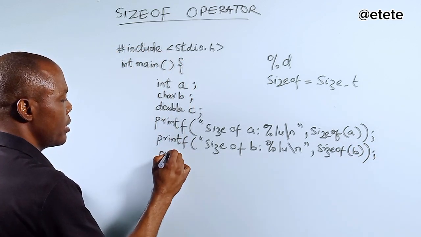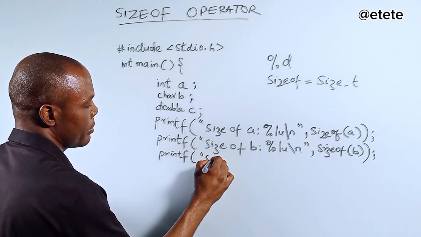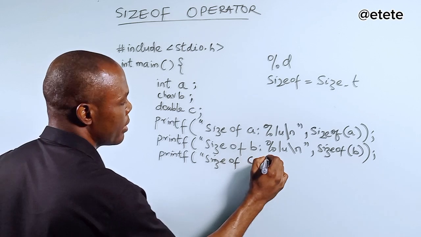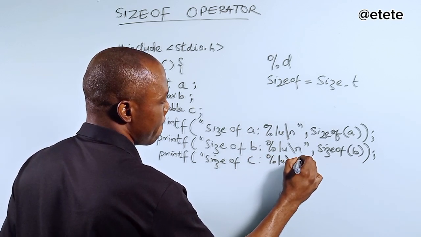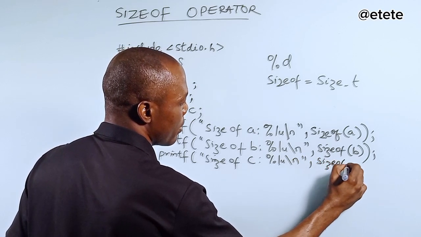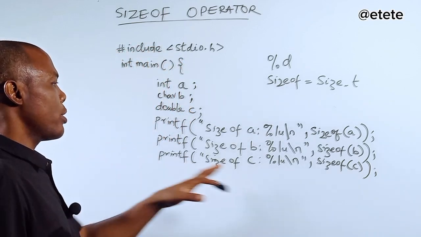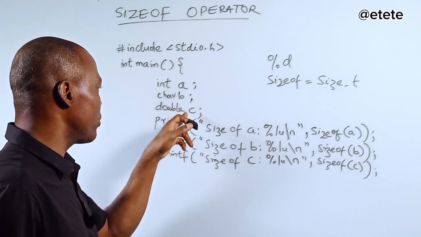Here I'll say printf sizeof C. Okay, so these are my variables that I've declared.